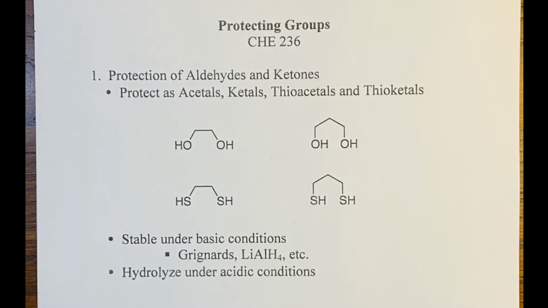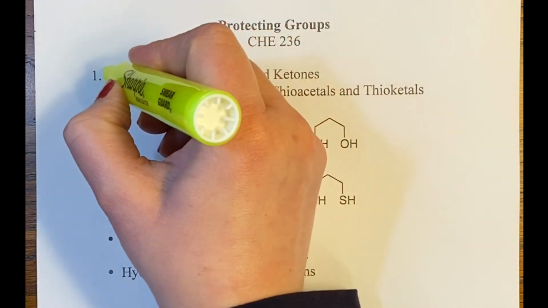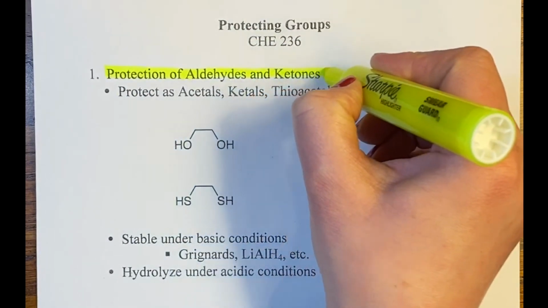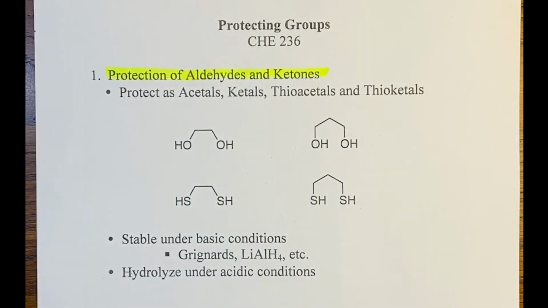In the first part of our discussion on protecting groups, we're going to be talking about the protection of ketones and aldehydes. When we protect ketones and aldehydes, we're going to protect them as acetals, ketals, thioacetals, or thioketals. What we know about these is that they will go on under acidic conditions and they will hydrolyze under acidic conditions.